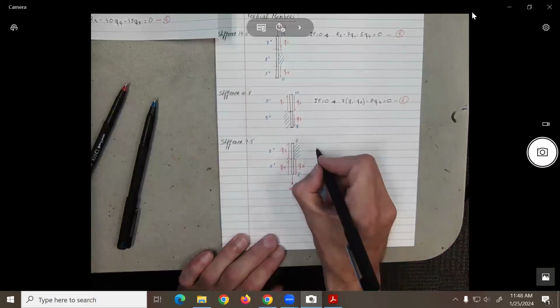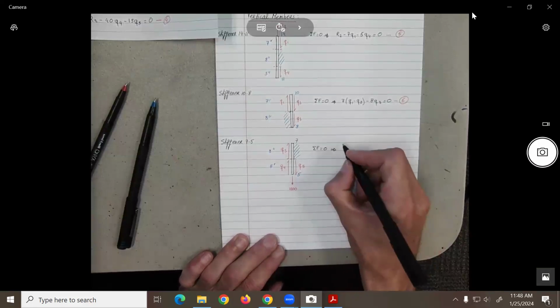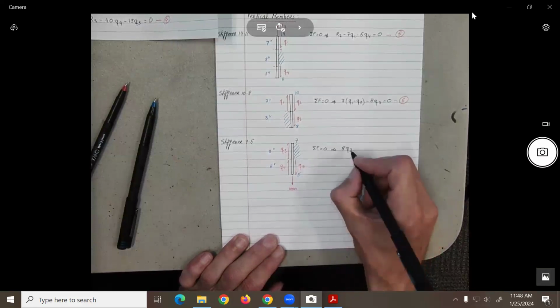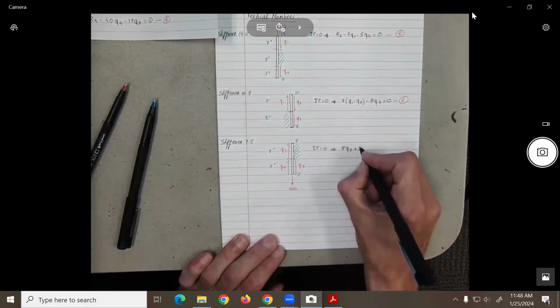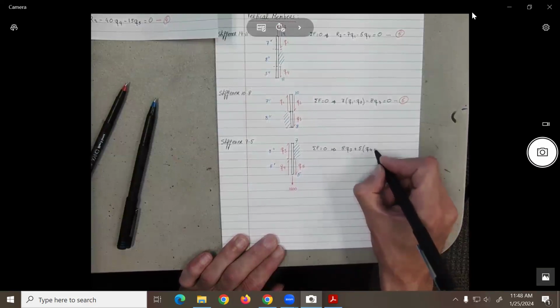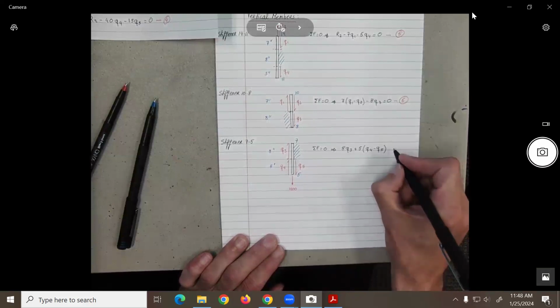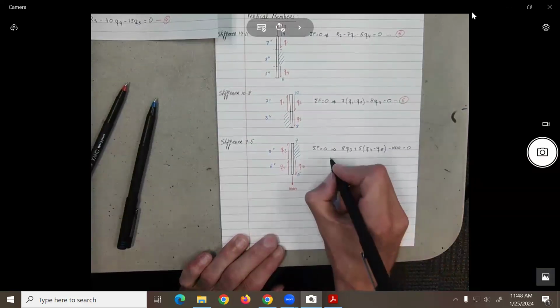So this is going to give us summation of forces equal to 0. It will give us 8Q3 plus 5Q4 minus Q5 minus 1,000 equal to 0.